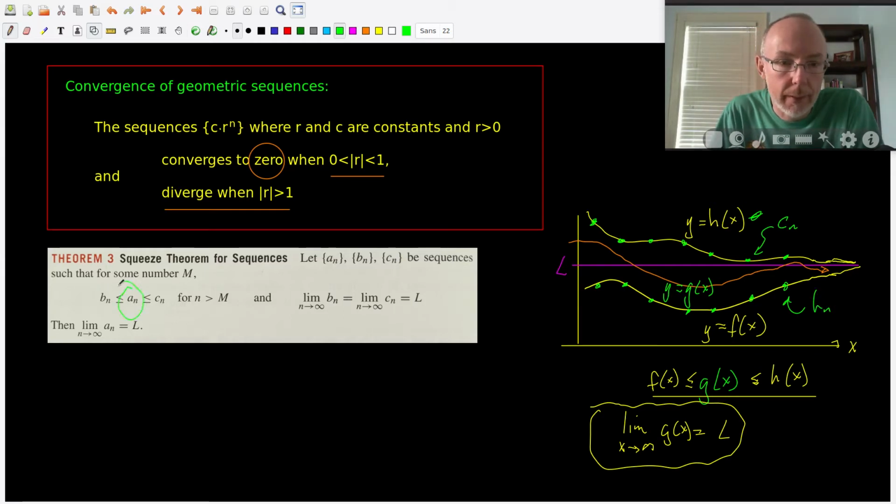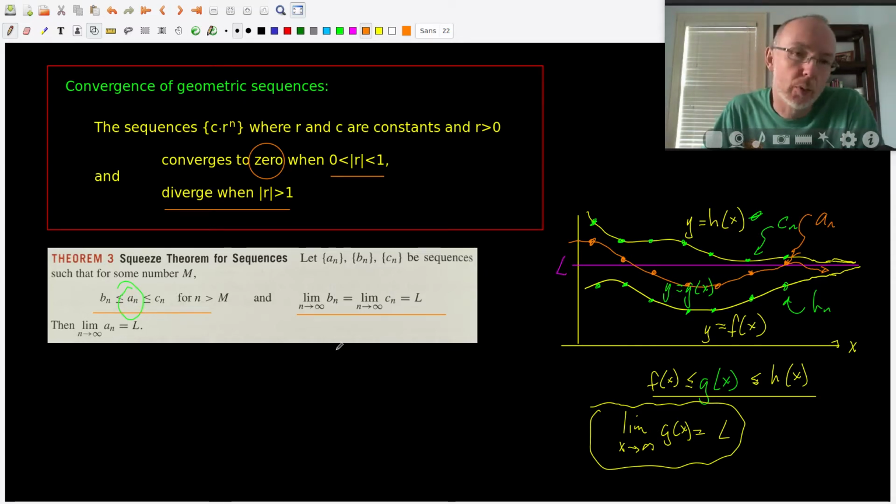And if these other values, a sub n, are on this curve in the middle, if the value for a sub n is always tracked between the other two sets of points, and those two separate sequences, b sub n and c sub n, have the same limit, then the limit of a must be that as well.